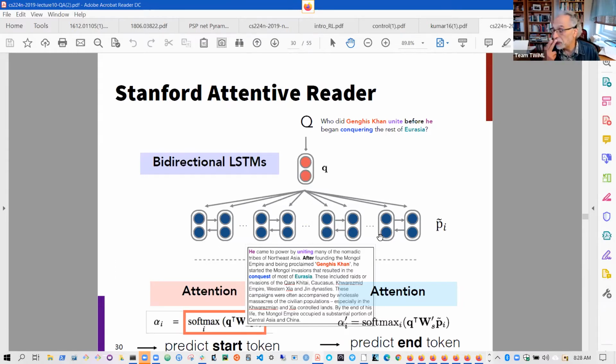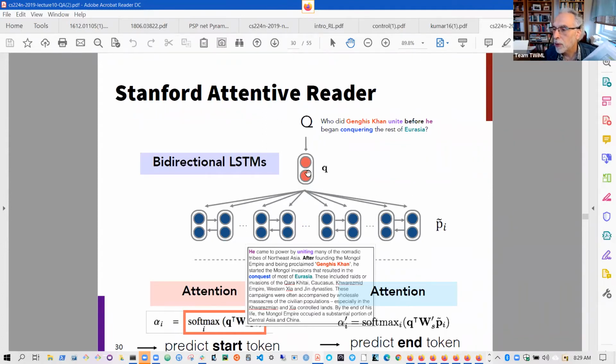And you're calculating some kind of an attention score that each word in the passage has with the question. There's an attention score that tends to predict the first word, that's this one, and an attention score that tends to predict the last word.